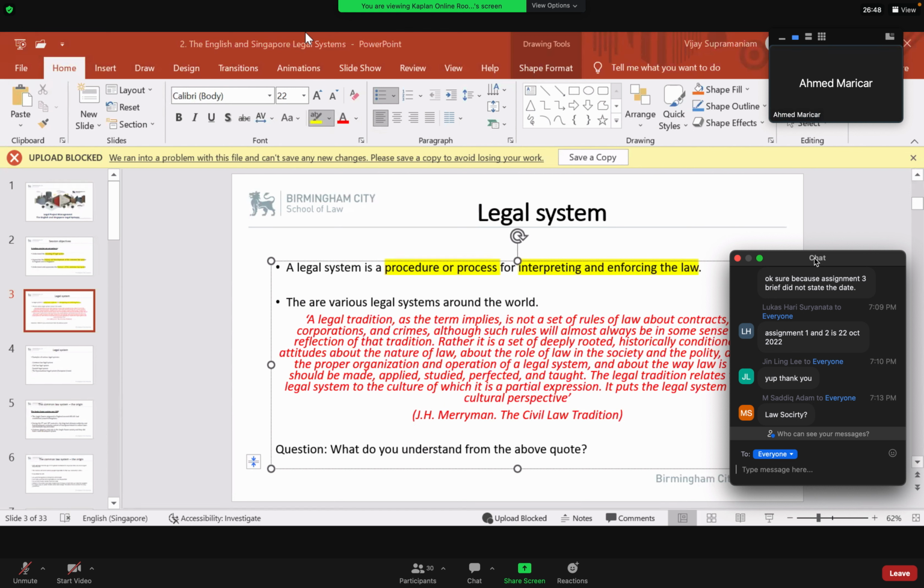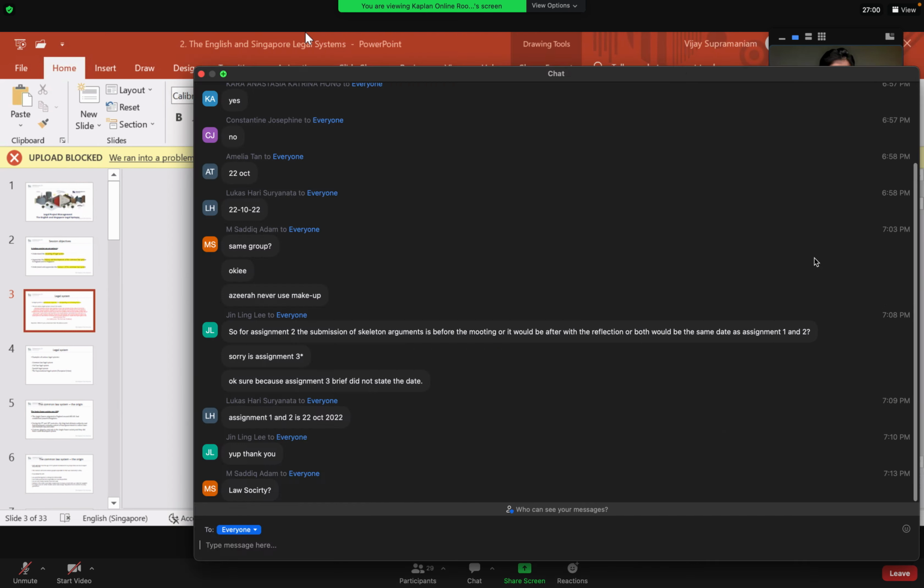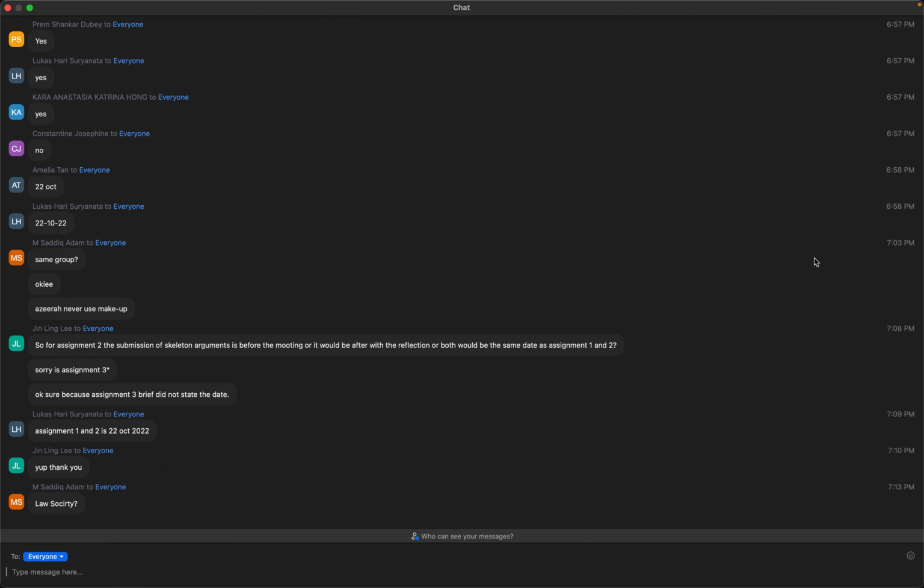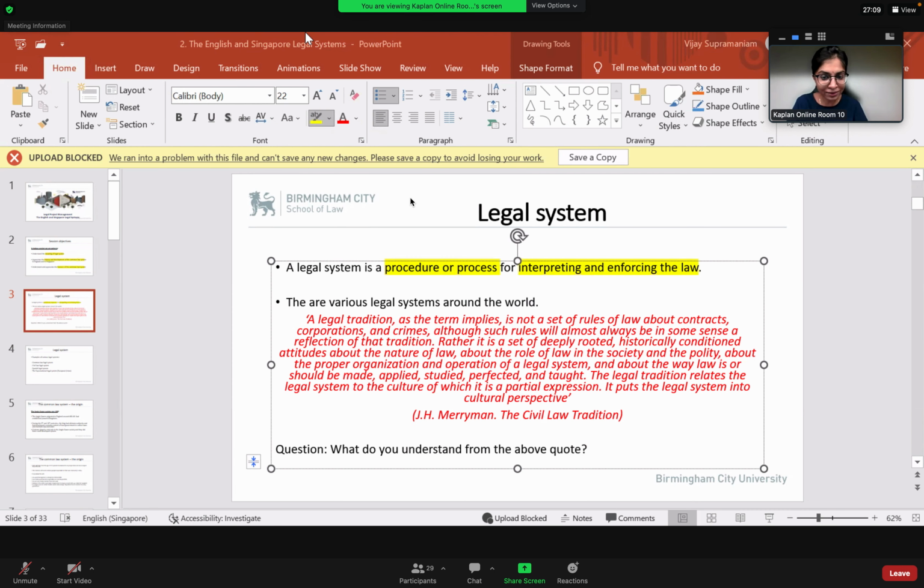Here, the judiciary is the institution that gives a final interpretation of law if there's any dispute or conflict with regard to legal interpretation. It's not Parliament, it's not the executive.